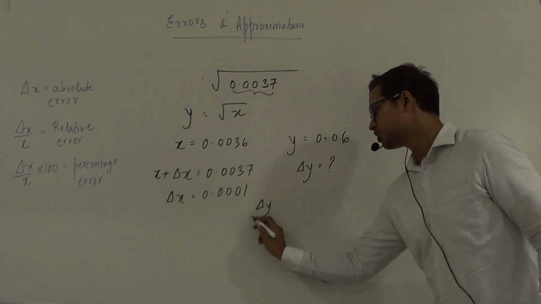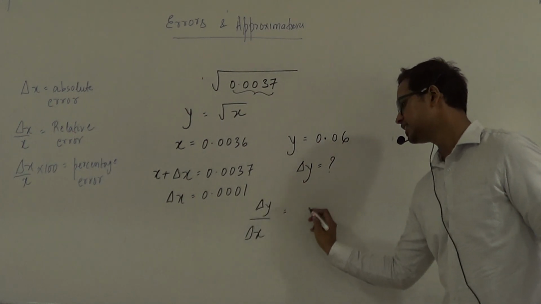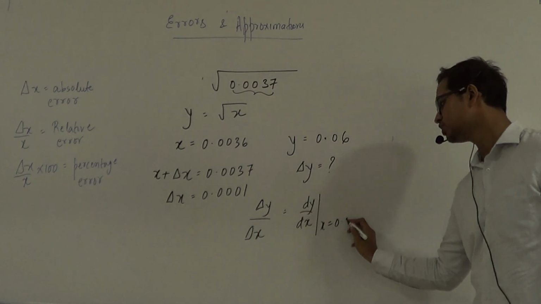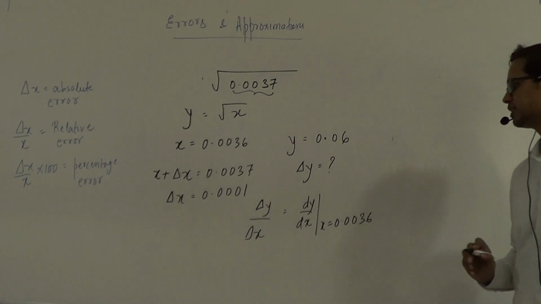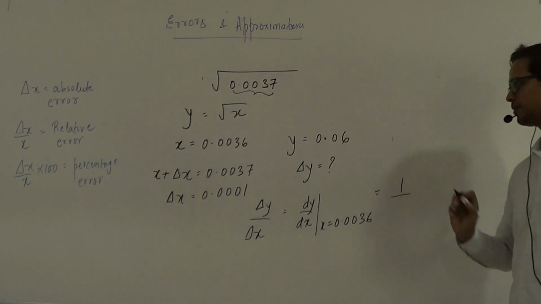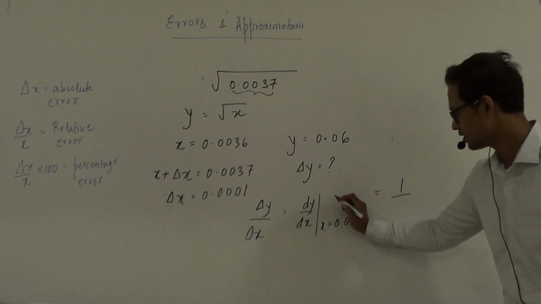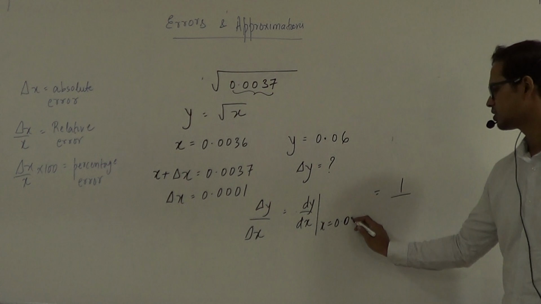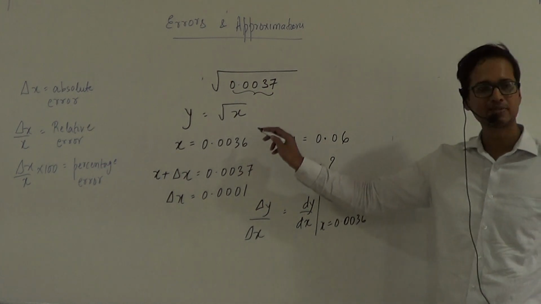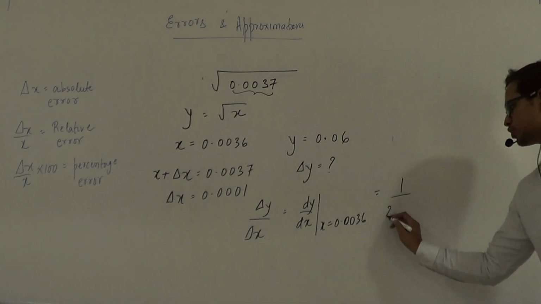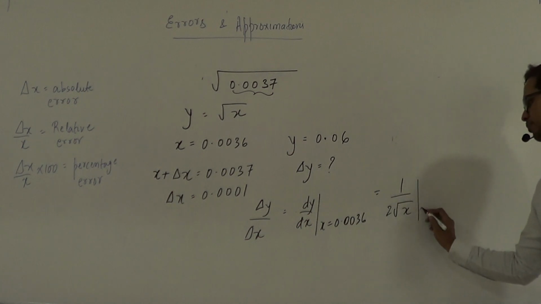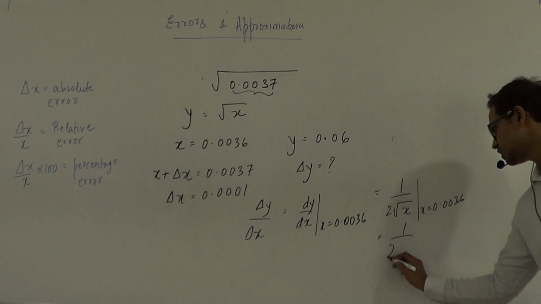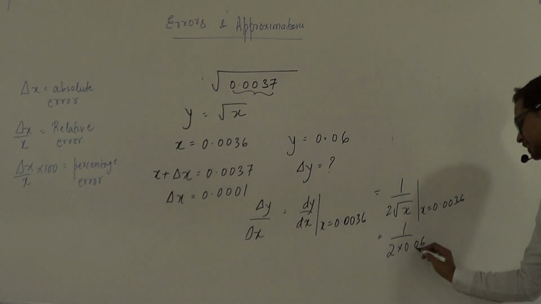So I will use the approximation delta y by delta x is dy by dx calculated at x equal to 0.0036, at that x where the error has occurred. So it is 1 by 2 root x, and put x as 0.0036. So this will give you 1 by 0.12 here.